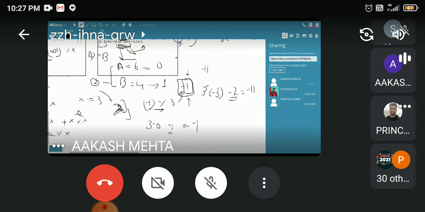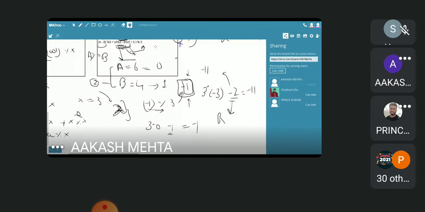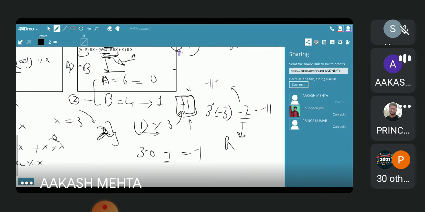So it is giving you minus 2 as remainder. Okay, understood, sir. So it will be in the range from minus x minus 1 to plus x minus 1.